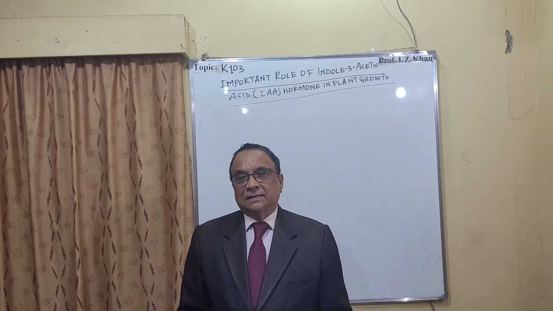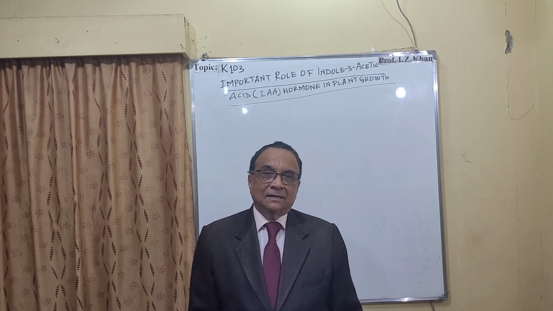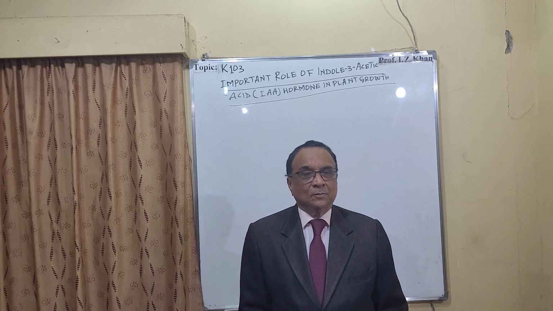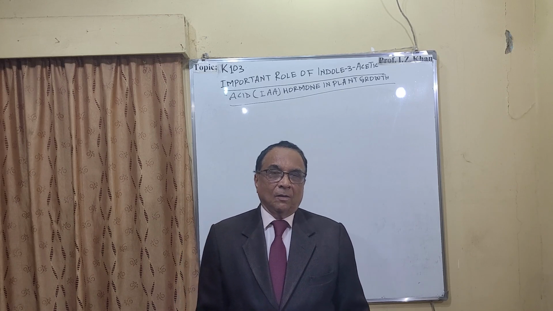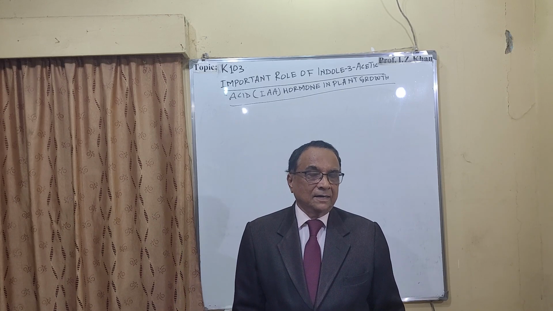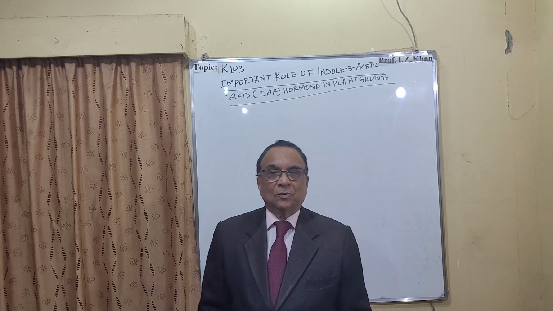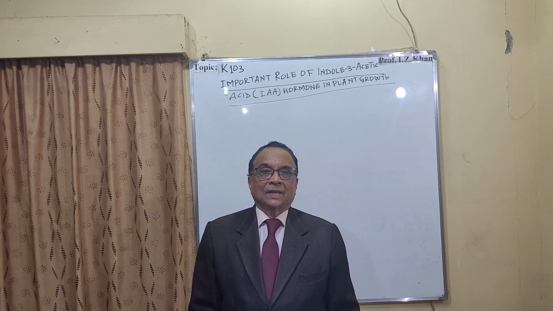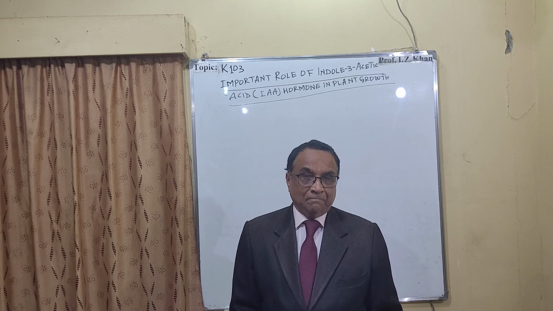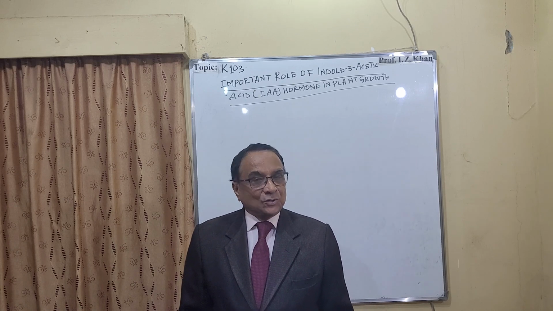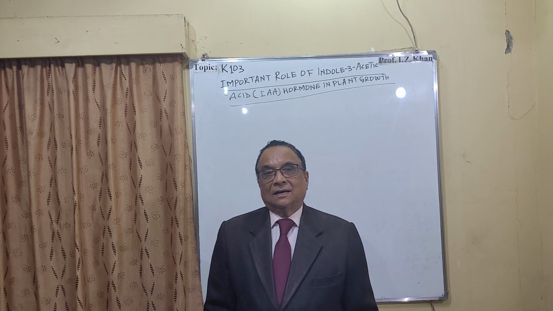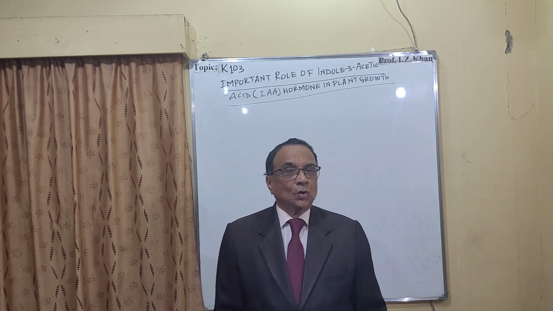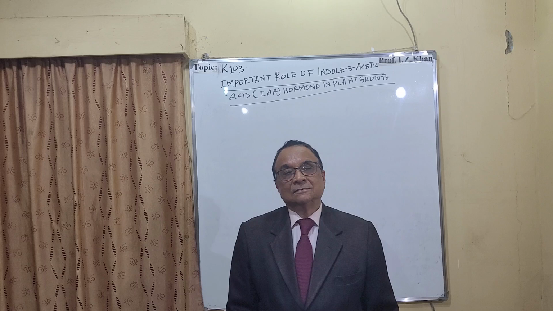And plant hormones are divided into two: one is natural plant hormone, that is IAA, and the second one is synthetic. So the natural ones are indole 3 acetic acid.